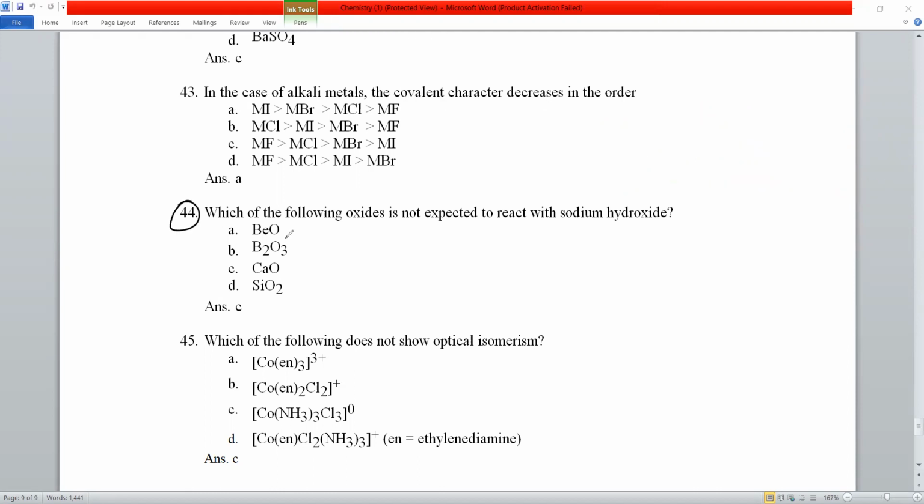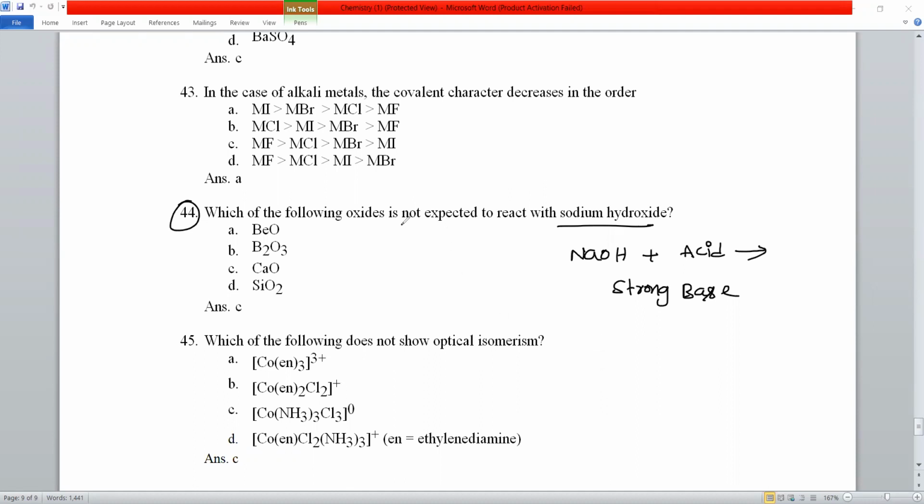Next, 44. Which of the following oxides is not expected to react with sodium hydroxide? Sodium hydroxide is a strong base, right? So a strong base will react with acids only.